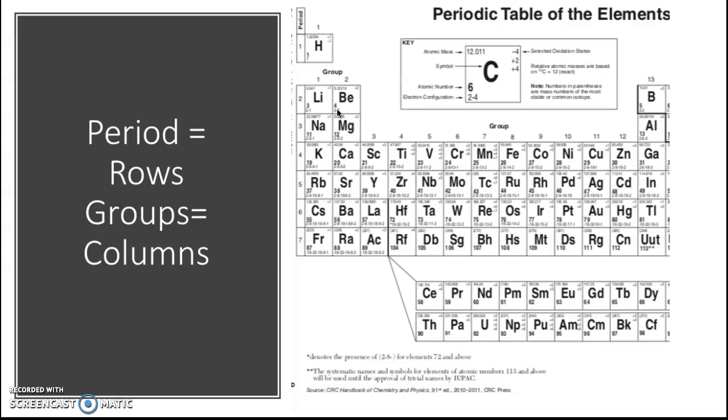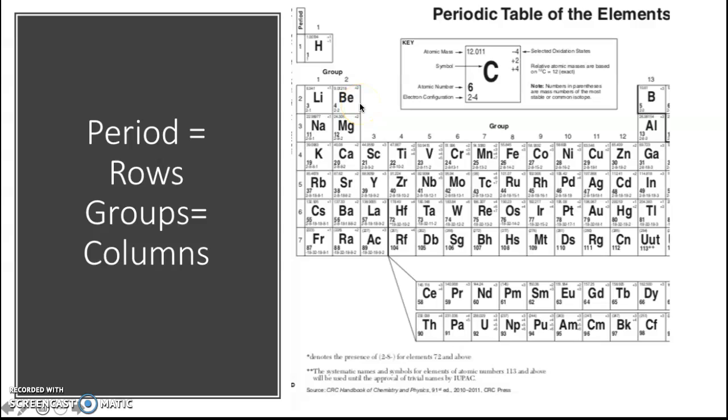And then we have groups. Groups are columns, right? So groups go up and down. Hydrogen, lithium, sodium, potassium, rubidium, cesium, and francium are all in group 1. Then we have beryllium, magnesium, calcium, strontium, barium, and radium, all in group 2. As we go on, there's group 3, group 4, group 5, group 6, group 7, right?